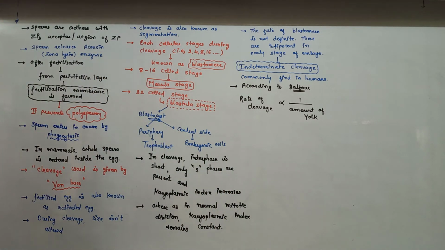According to the scientist Balfour, the rate of cleavage is inversely proportional to the amount of yolk present in the egg. So if more yolk is there, the rate of cleavage decreases.